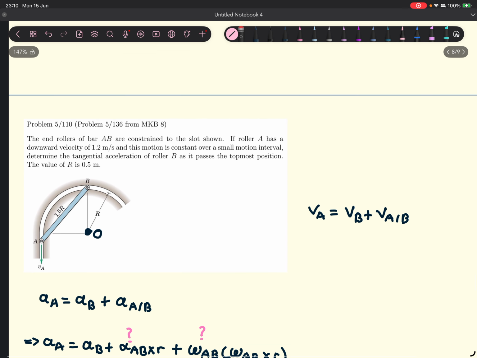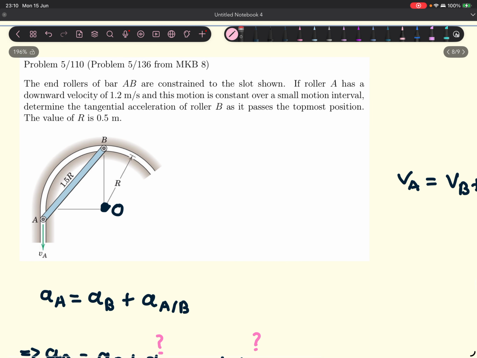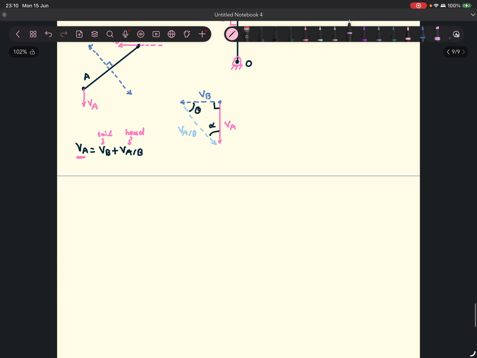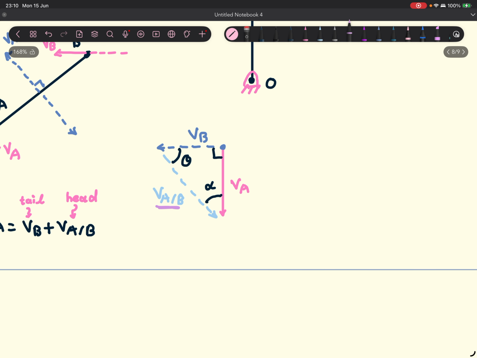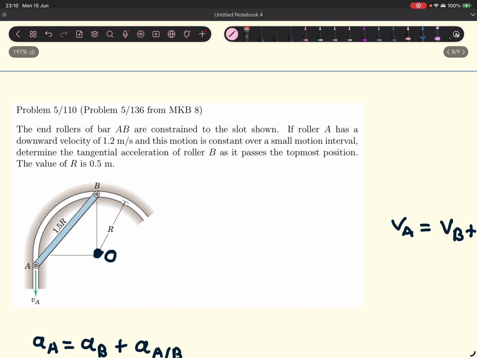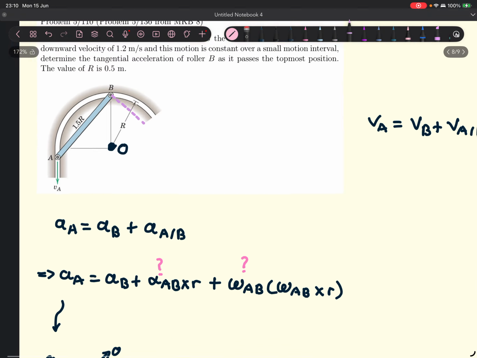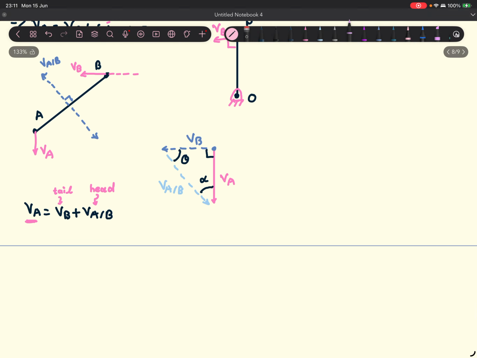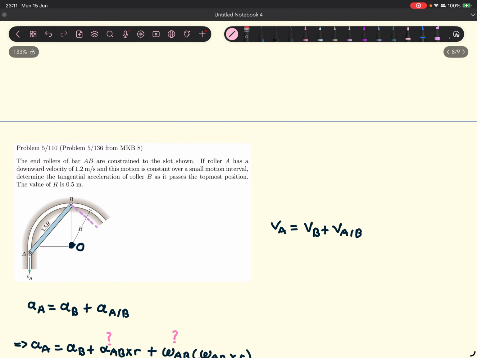Okay, so coming to the diagram, I know that my relative velocity term, VA relative to B, is going to be perpendicular to the line AB. So I'm going to draw in VA relative to B, and it's pointing downwards. The vector is pointing downwards like that. Just going to shorten it a bit.